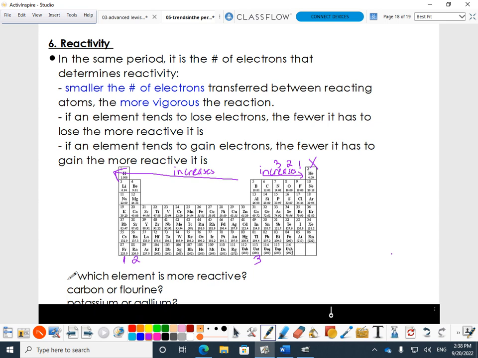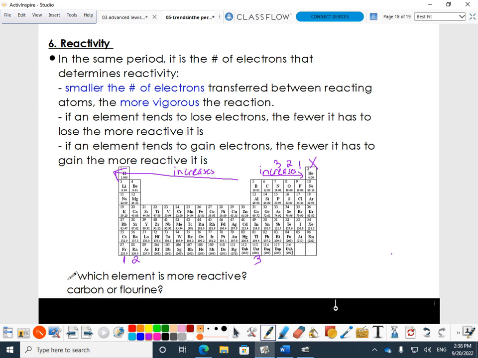So which one is more reactive, carbon, which is C, or fluorine, which is F? It is fluorine.